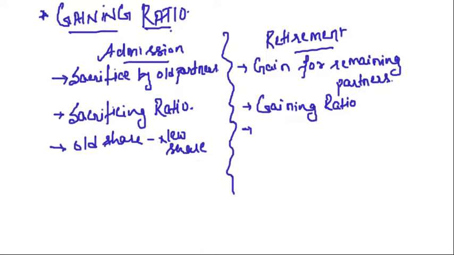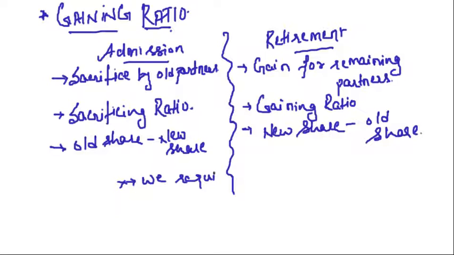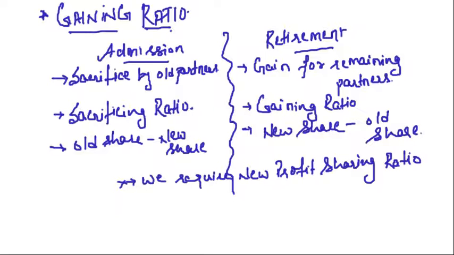Then what is the gaining ratio? In case of gaining ratio, the new share will be more, so we'll say new share minus old share. Clear? One thing that is common for both the cases is that we require the new profit sharing ratio in both the cases.